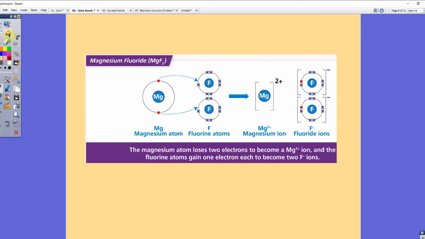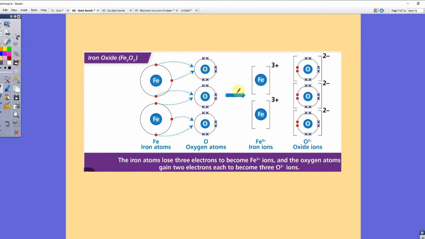So a slightly more complicated one, and you won't get anything more complicated than this at GCSE. If we have iron 3+, it's got 3 electrons it wants to get rid of, and oxygen in group 6 wants to take 2. So in order to make this balance out, the lowest common multiple of 3 and 2 is going to be 6. So 6 iron electrons go into 3 oxygen atoms to make Fe2O3.